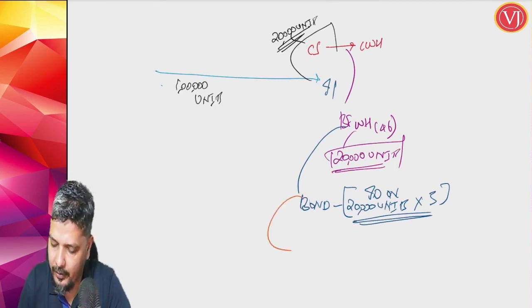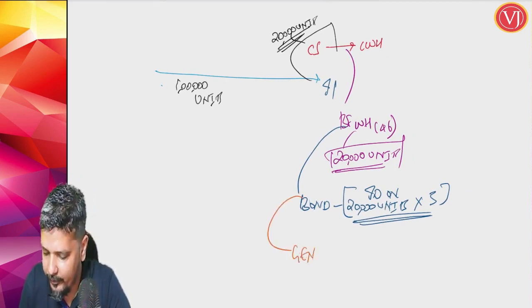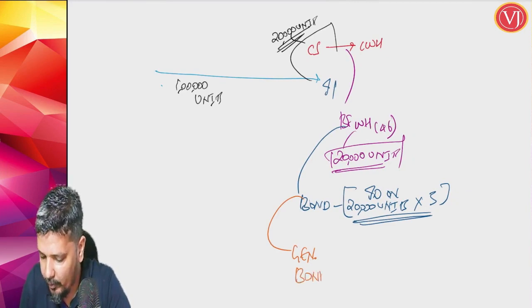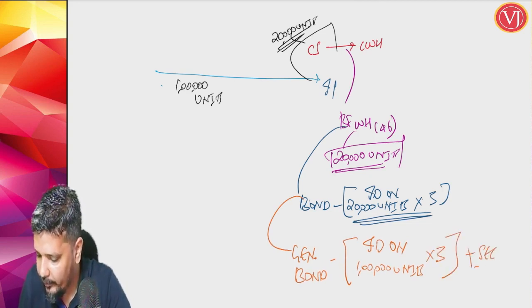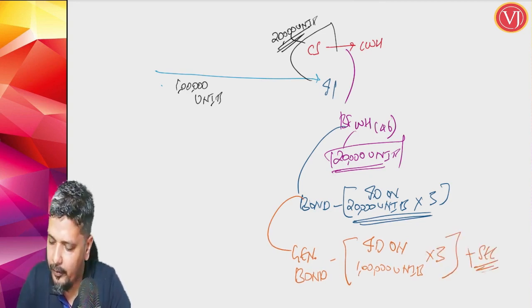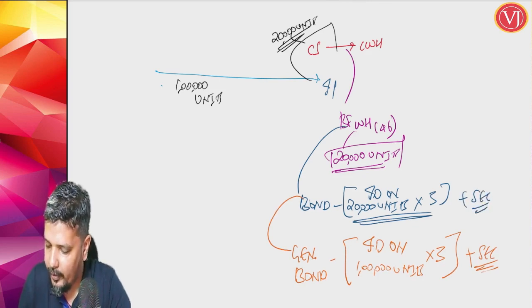Instead of this normal bond, he can give a general bond. He can give a bond of import duty on 1 lakh units multiplied by 3 along with security, because bond is always along with security.